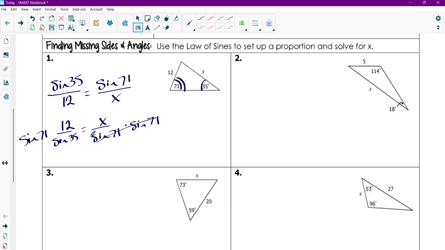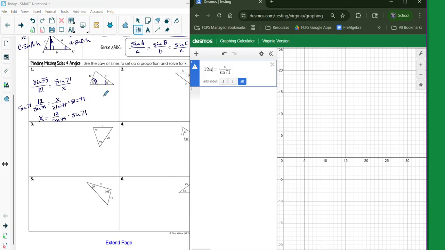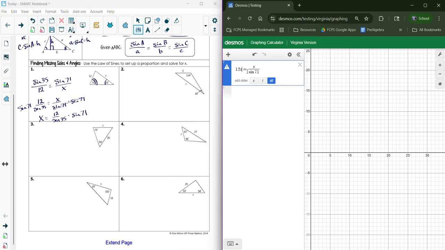Those cancel out, and that gives me that x is 12 over sine of 35 times sine of 71. So that tells me that that length has to be 19.78.